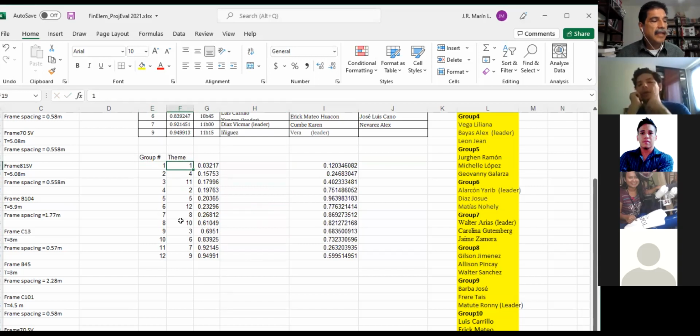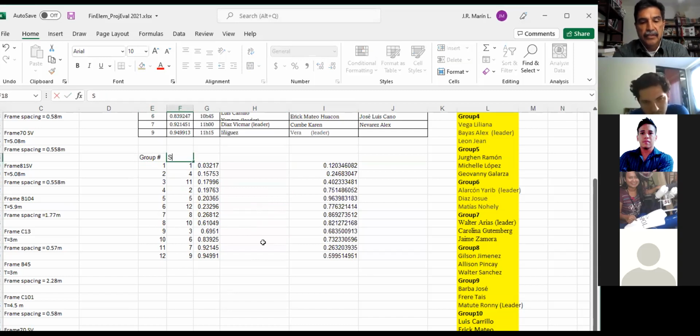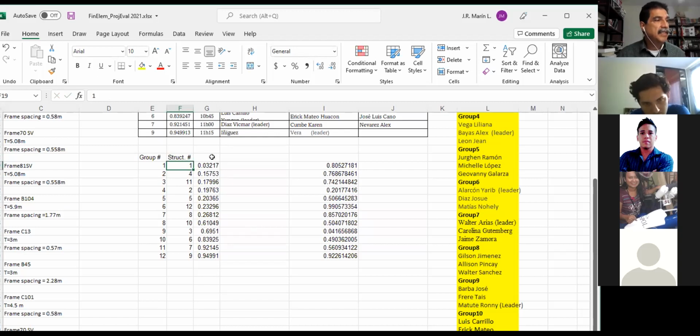We have 12 themes, or maybe we can call them structures. All of these structures have been prepared by Engineer Isaac. He just gave me a list, and I'm going to show you in a minute.